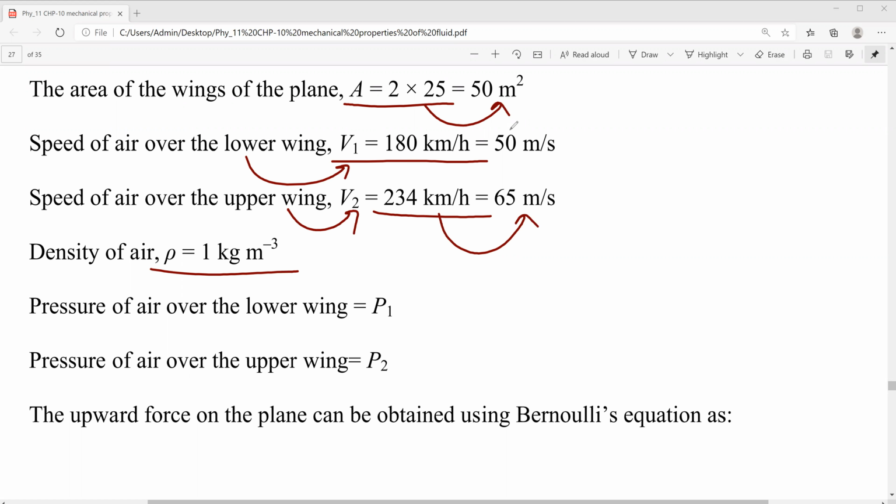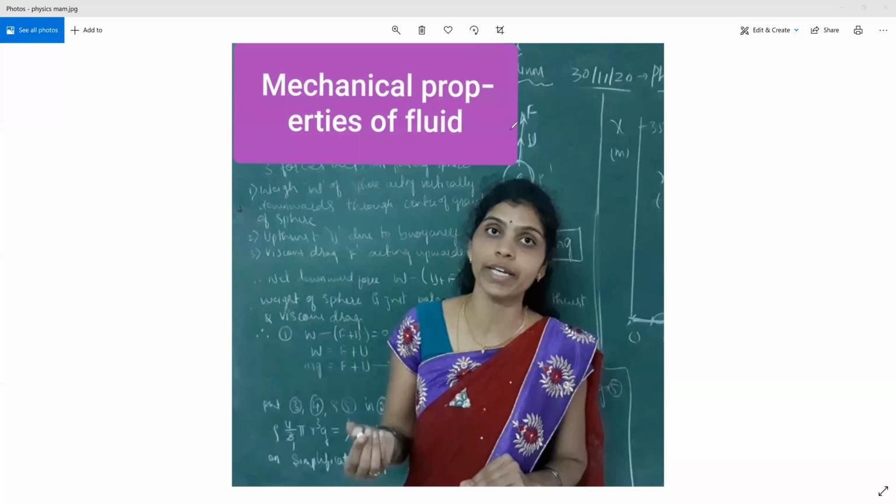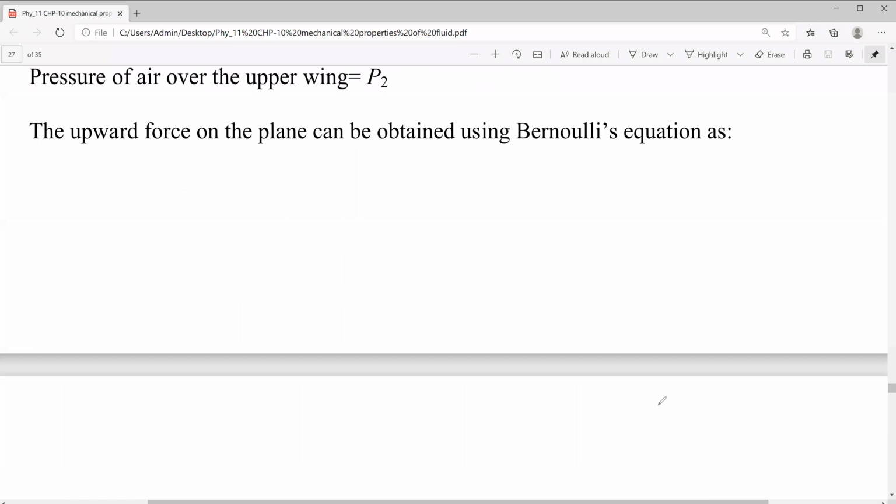Pressure over the lower wing we consider P1, and for upper wing pressure is P2. So upward force on the plane wing can be obtained by using Bernoulli's equation.